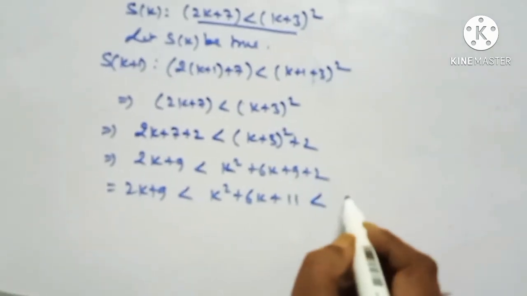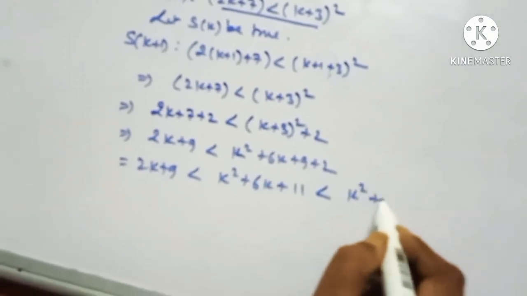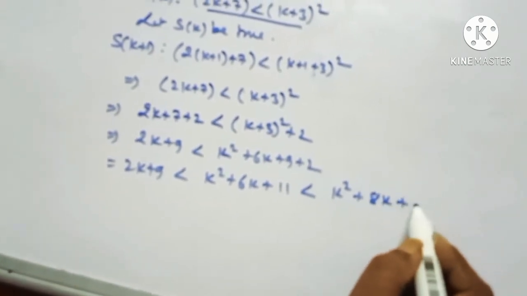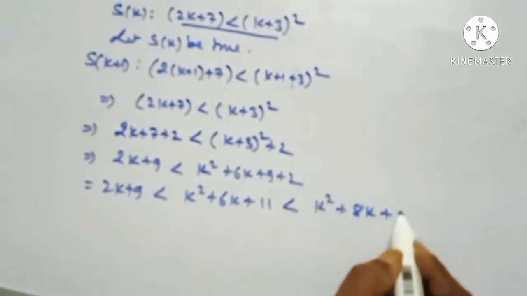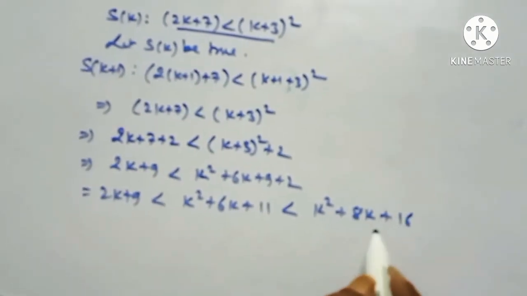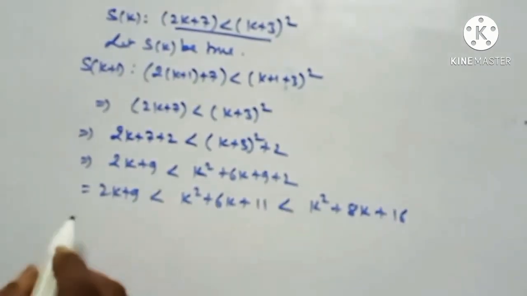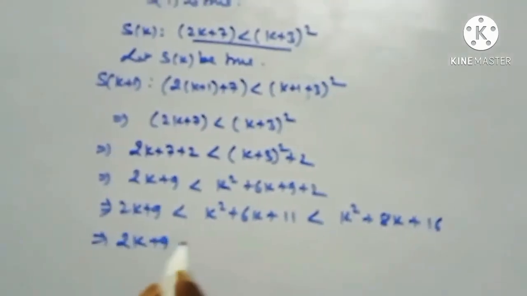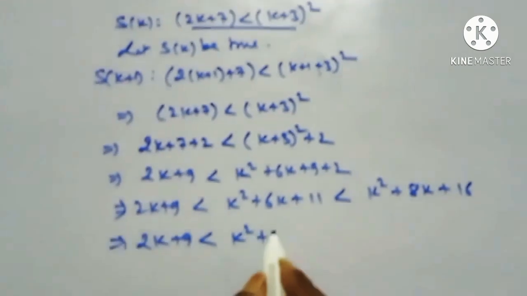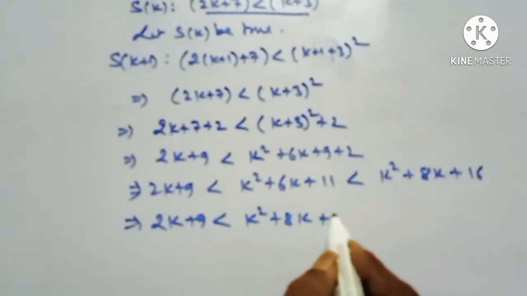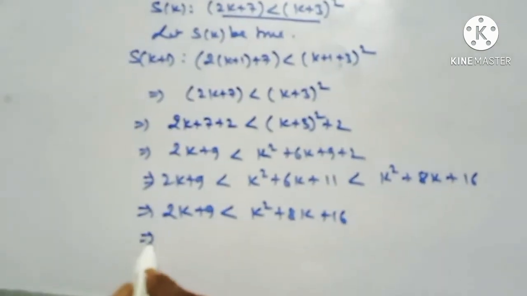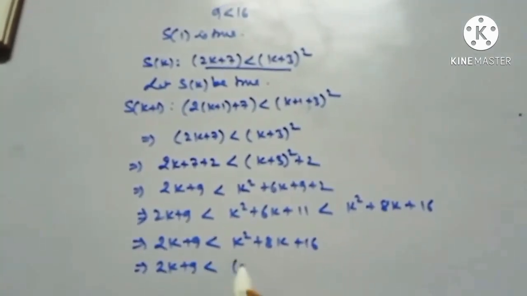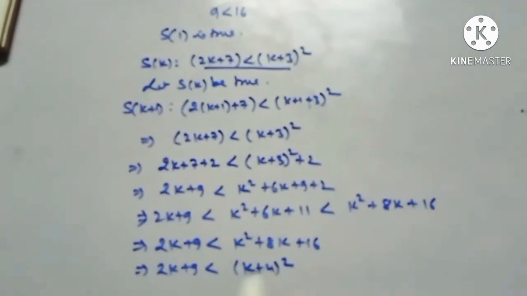Now this is less than k square plus 8k plus 16, so it is automatically less than this. So I can write 2k plus 9 less than k square plus 8k plus 16. So this will be 2k plus 9 less than k plus 4 the whole square.